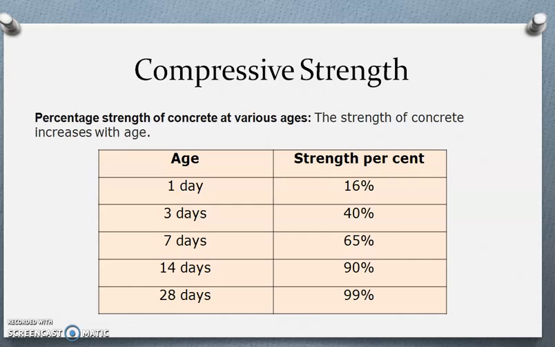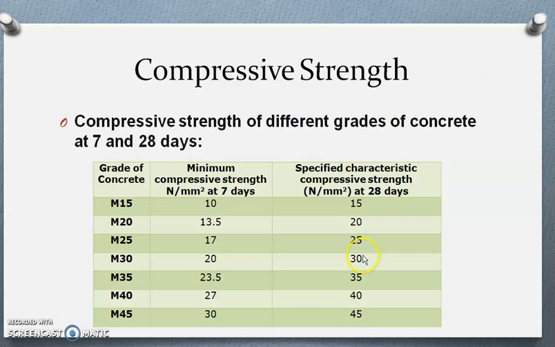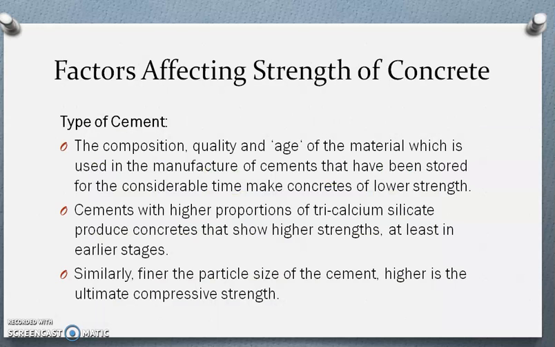As I said, at the 7th day it should have attained 65% of the strength. So 65% of the strength for M20 grade is 13.5. If it obtains such a strength value on the concerned day, that is the 7th day or 28th day, we'll be able to judge whether the concrete has good compressive strength or not.